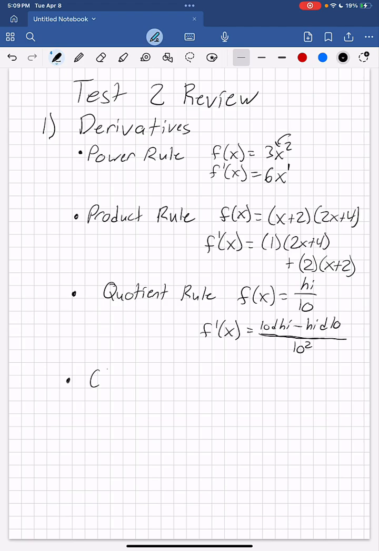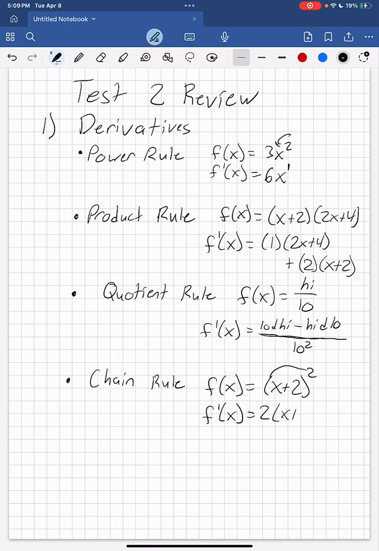And then the last rule we had was the chain rule. The chain rule is when we have some kind of function inside of a function, so say like x plus 2 to the second power. We can do the chain rule to this to find the derivative, and we do that by bringing the power down, just like with our power rule, and multiplying it by whatever's out front. So I have 2 times 1 is 2.